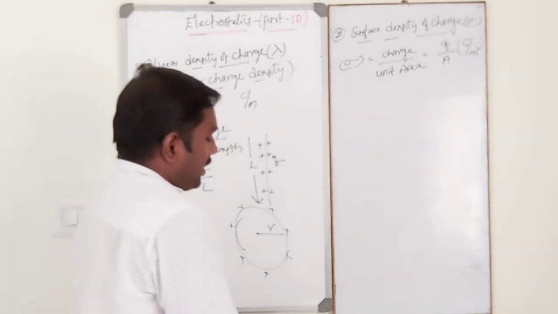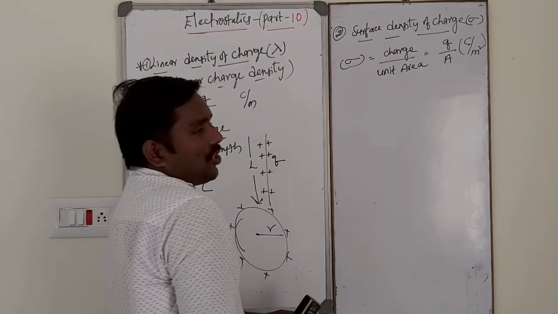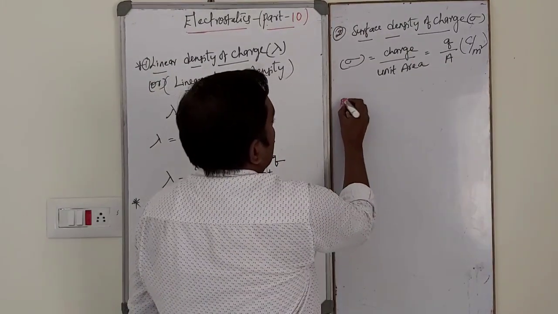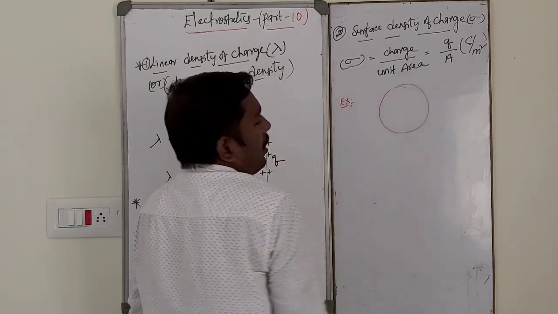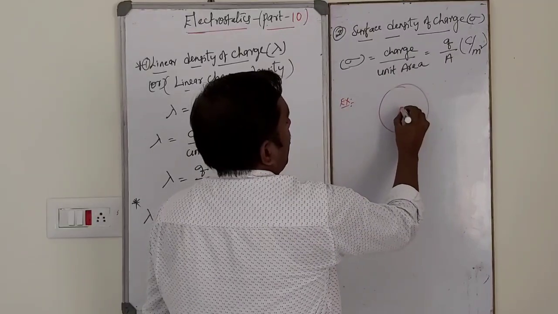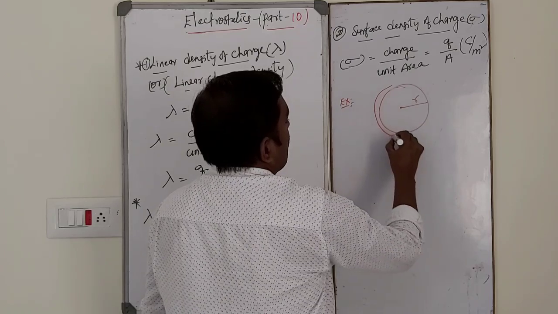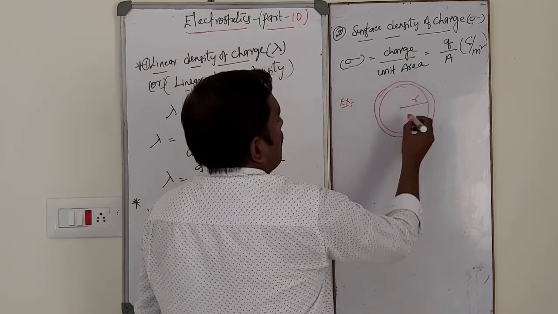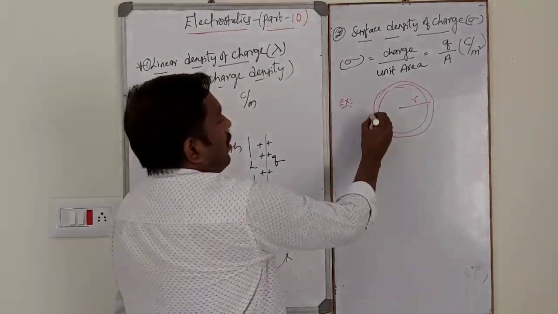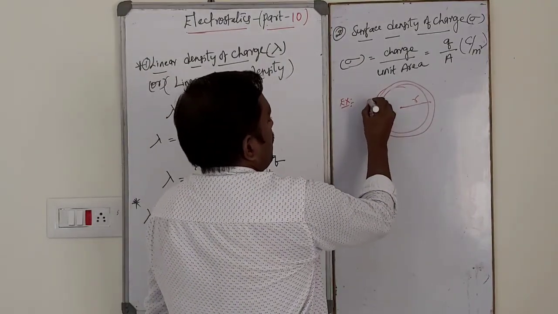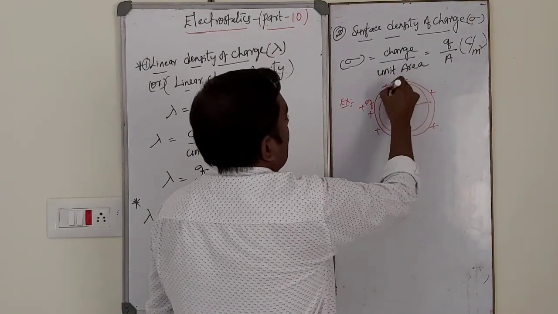Suppose, for example, let us consider a spherical shell of radius R. Positive charge plus Q is distributed over the shell.